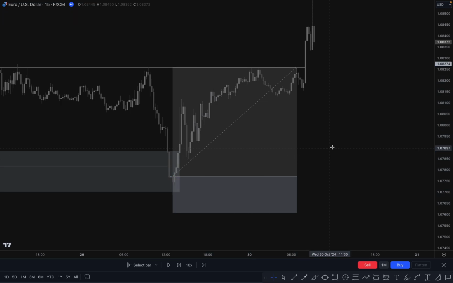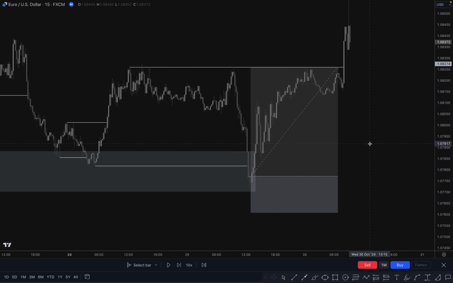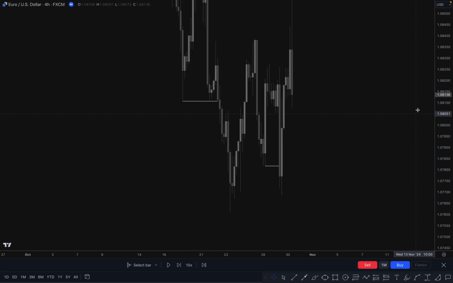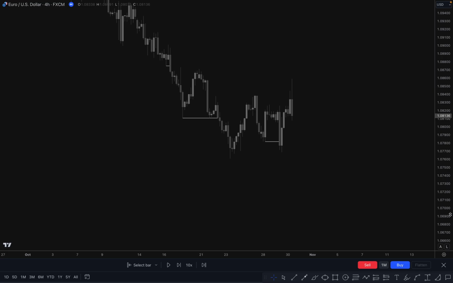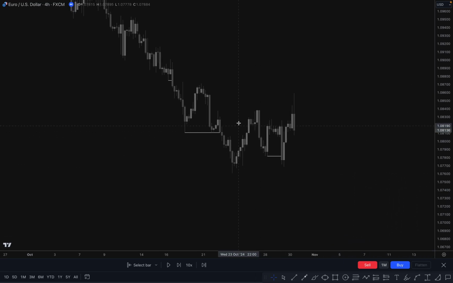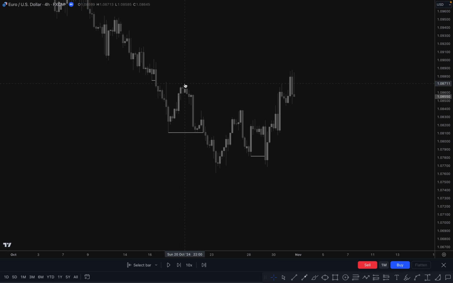I TP'd right here. And I just want to show you again on the 4 hour what happened. On the 4 hour, you can see that we start heading up and breaking that high. So we get that 4 hour trend shift. So we were able to anticipate and already get in on that 4 hour trend shift early.